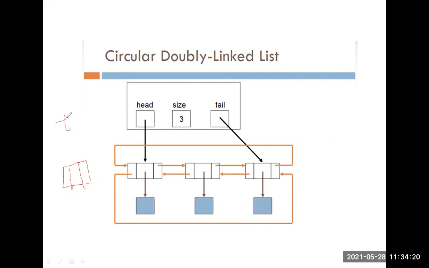This node's name is temp, and temp of info holds the data. Its left link contains the last node address, and its right link contains the previous first node address. Where is this address stored? It is stored in last of right link.